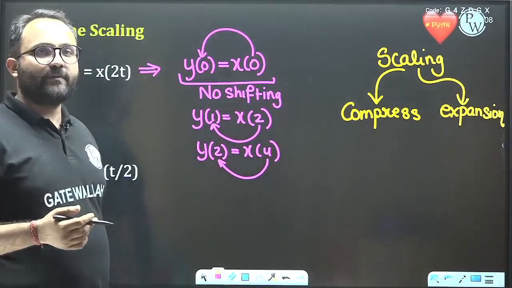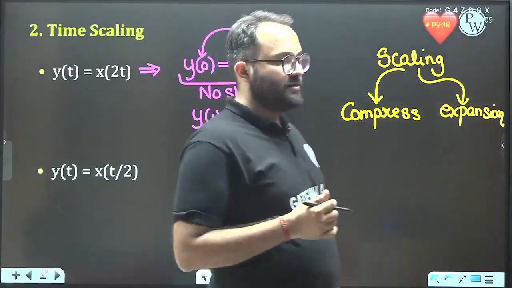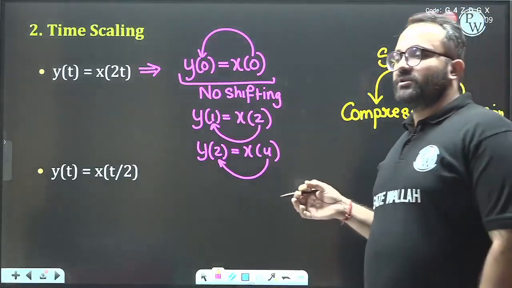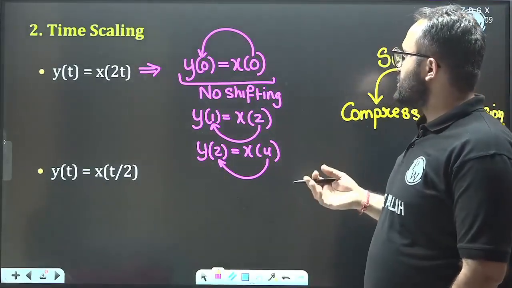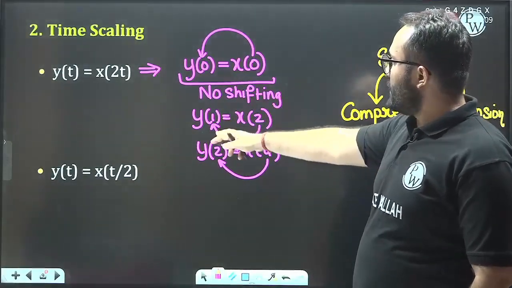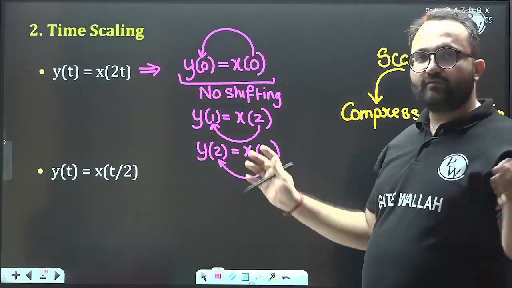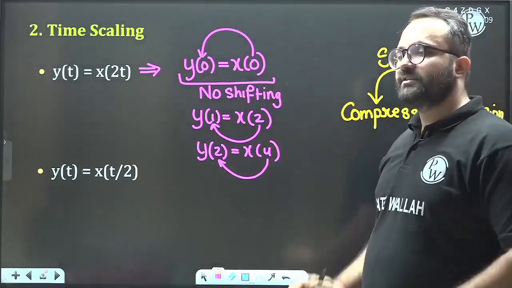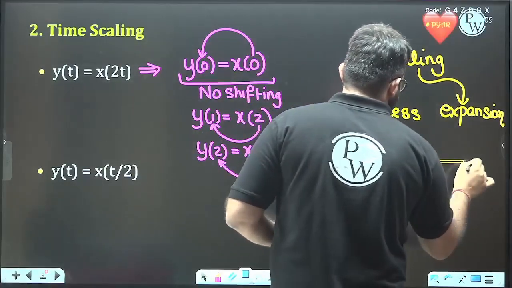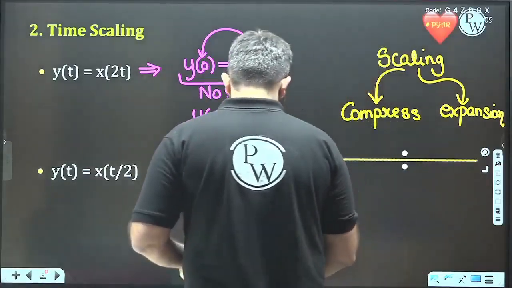So what is happening here? Since 0 is not changing location, there is no shifting. But 2 is going to 1, and 4 is going to 2. Thus, we can say that the whole signal is contracting. So, here is an example for it.